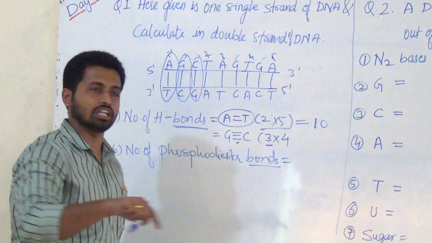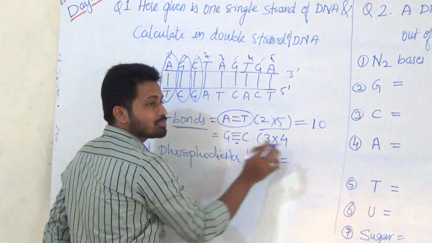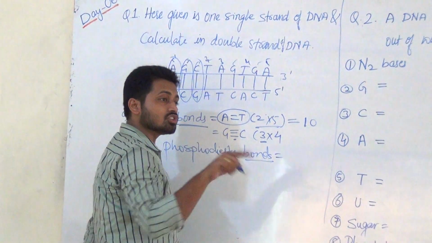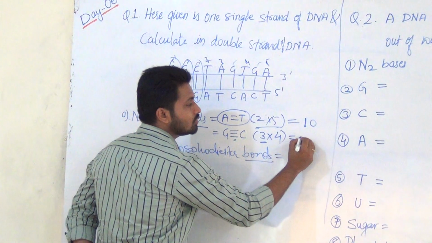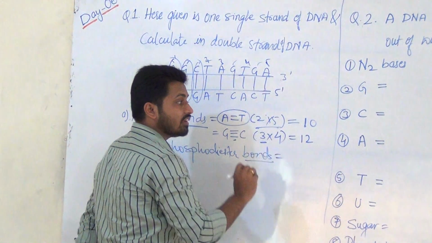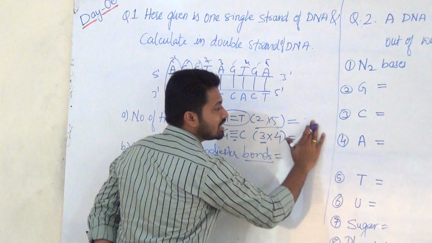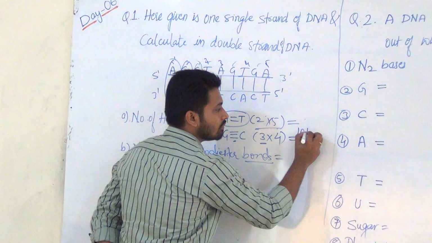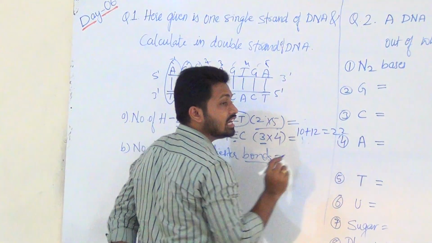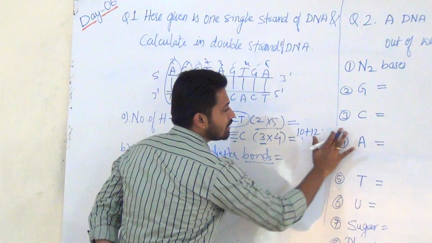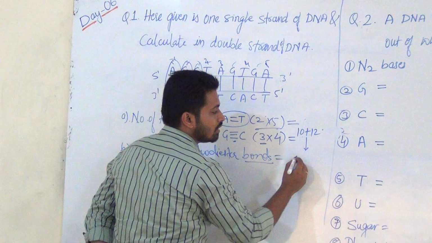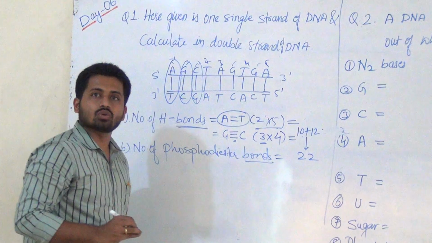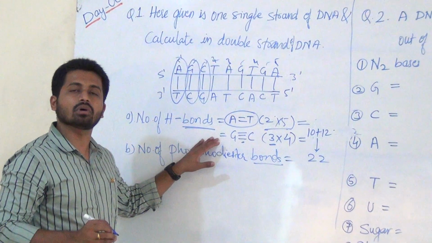And how many base pairs are formed by guanine cytosine pairing? That is 4. So it will be 12. Total number of hydrogen bonds, that is 10 plus 2, it will be 22. So this is how we can calculate the number of hydrogen bonds.